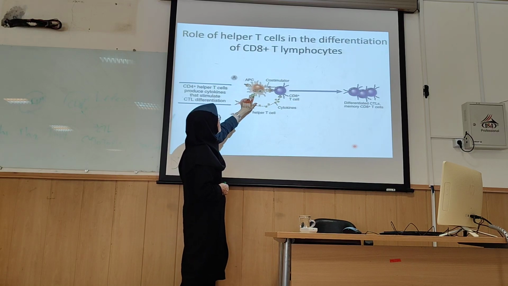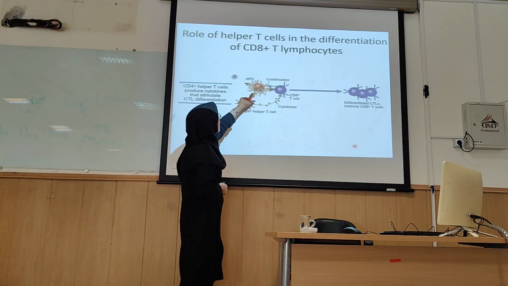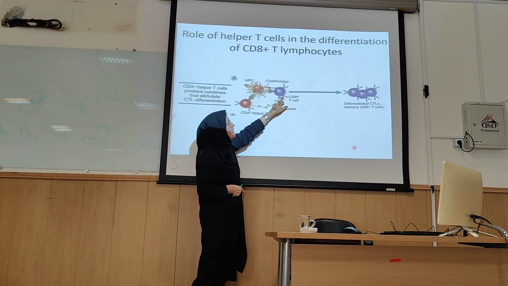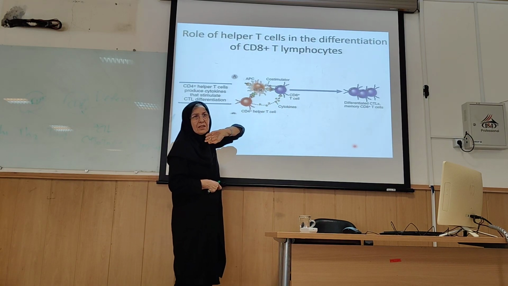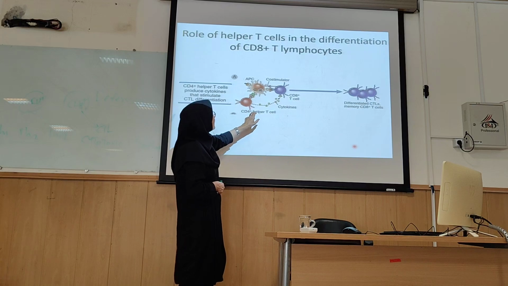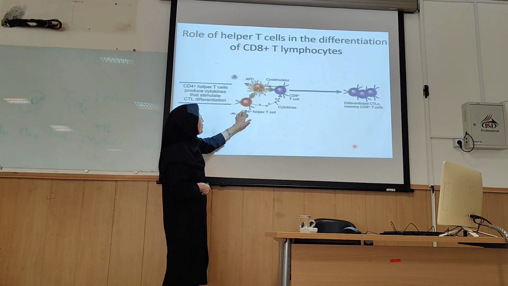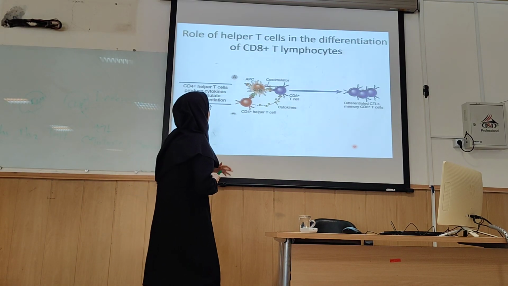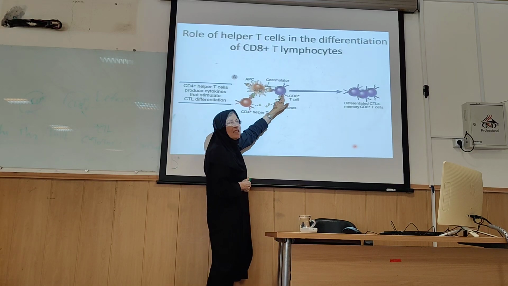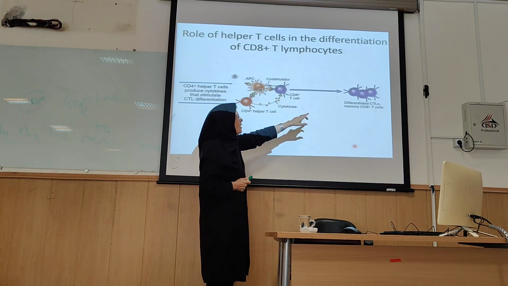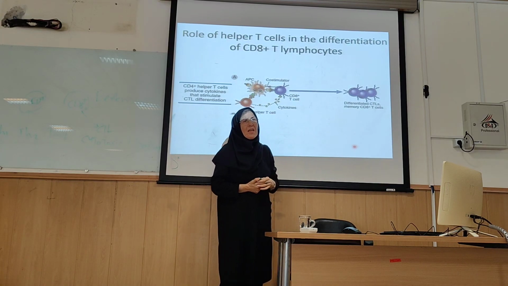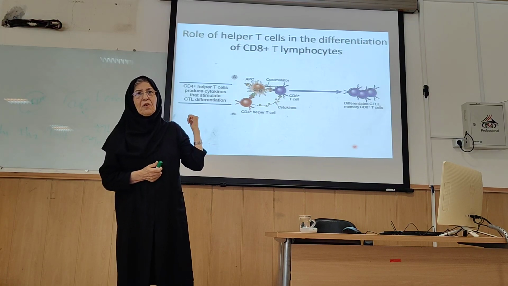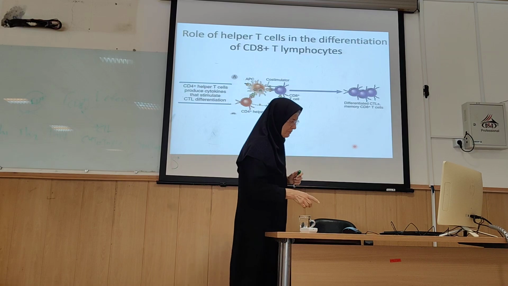CD4 positive T cells recognize the antigens on the surface of APCs, and CD8 positive T cells also recognize antigen on the surface of the APCs, and CD4 positive T cells produce some cytokines such as interleukin 2, and these cytokines can activate CD8 positive T cells to proliferate and differentiate. Then CD8 positive T cells need the help of the CD4 positive T cells.